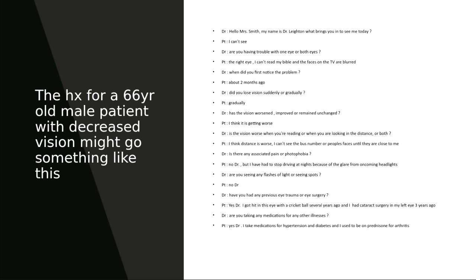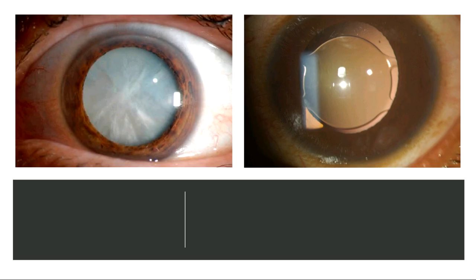Okay, so just to conclude this, so this is the patient, right? And that's a cataract. They have this white opacity in the center there of their pupil. The pupil is dilated, what we call a leukocoria. There is no red reflex. And post-op, you can see that the patient had the cataract removed.